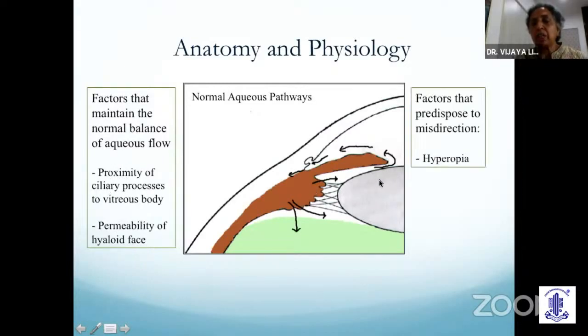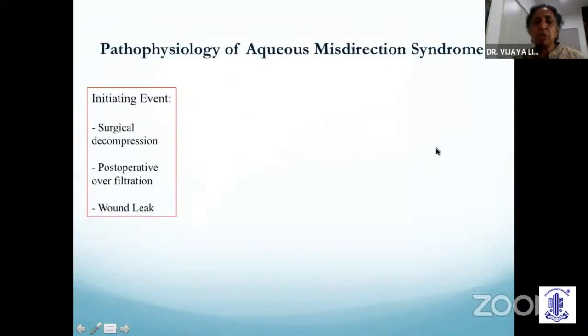Factors that are responsible for aqueous misdirection most of the time are related to the size of the eye. So it is common with hyperopia because the eye is small. So what is the initiating factor for aqueous misdirection? Most of the time it is the sudden decompression of the anterior segment of the eye, where the middle segment collapses.